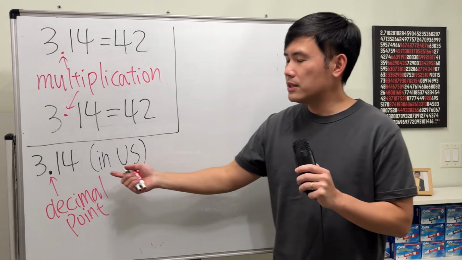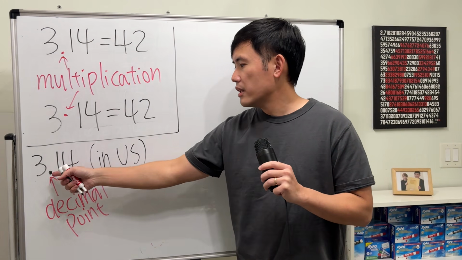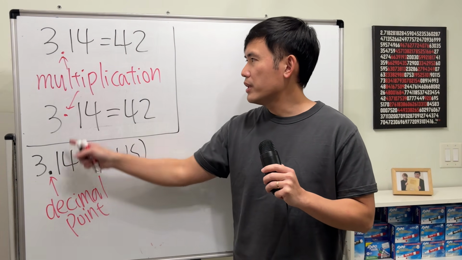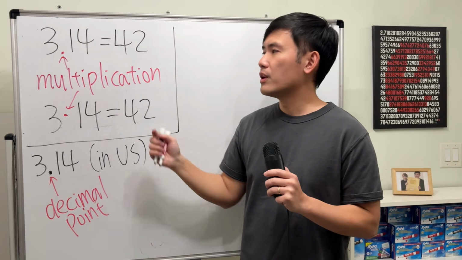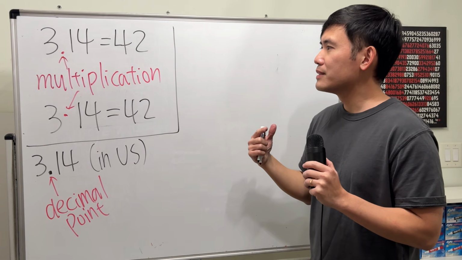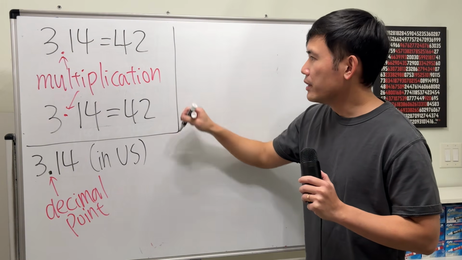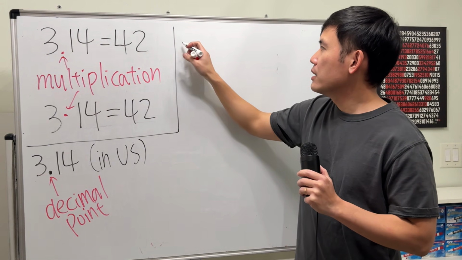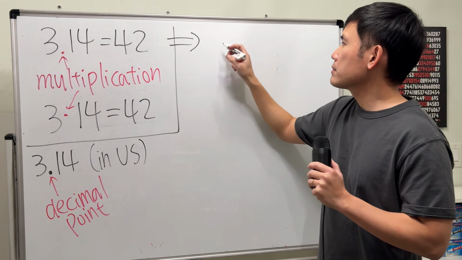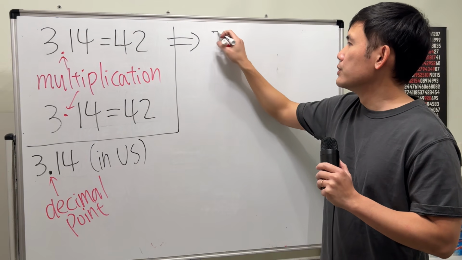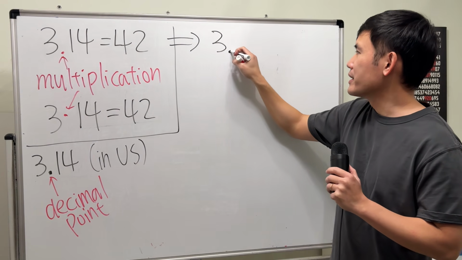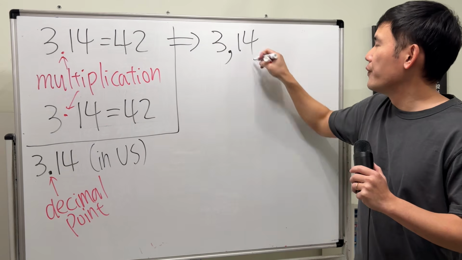But you see that this is going to cause confusion because here that means the decimal point, you cannot answer that's 42. So one thing that they will do in this situation is that when they use this as a multiplication, they will write 3 with a comma here like this, 14.